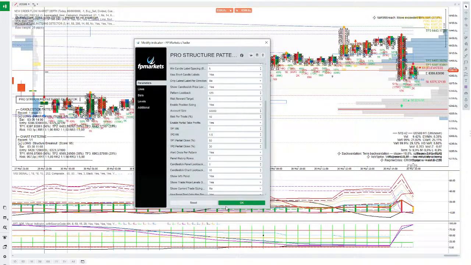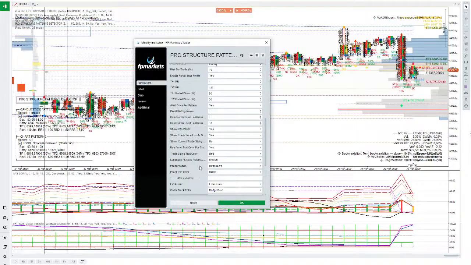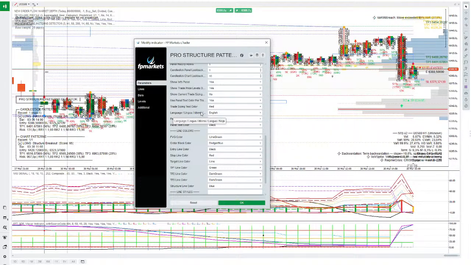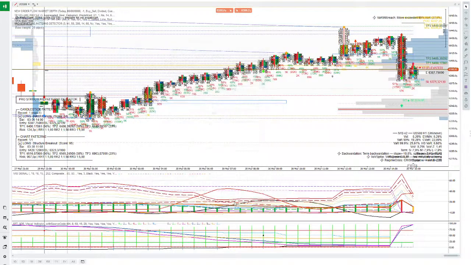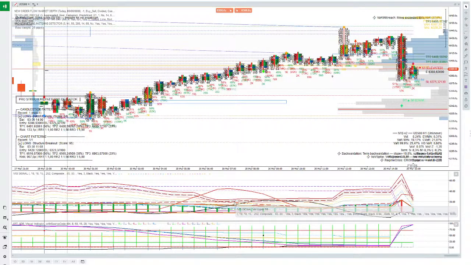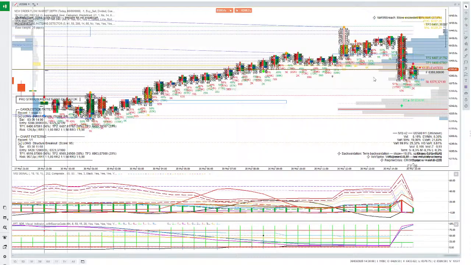And wonderfully, you can even decide the language: English, Italian, Spanish, French, and Nigerian. Yeah, you can choose Nigerian. We keep it on English. Stick with English, and off we go.